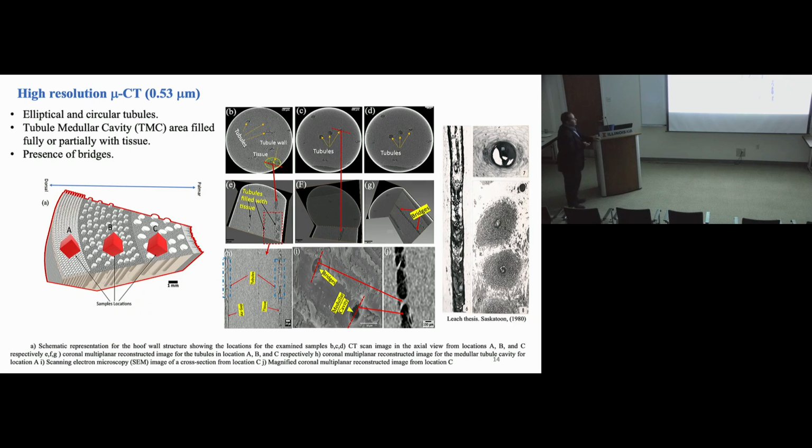Here also you can see very clearly that the tubule is almost closed. Here is a scanning electron microscope image, and you can see this tubule here is empty, but as you look here, there is something inside, which could be a bridge. And in a higher magnification image from the CT scan, you can see very, very clearly that there are bridges here, or discontinuity.